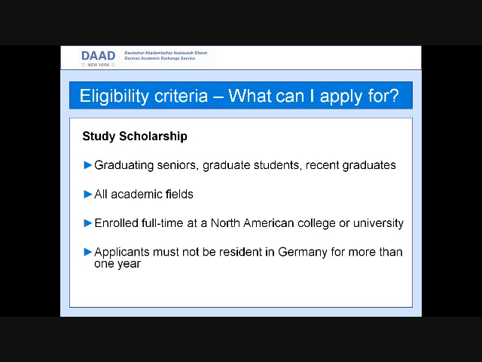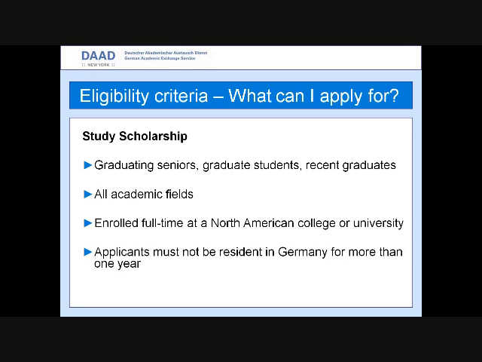The study scholarship, this is the grant that enables you to go to Germany after your graduation for 1 year, is also open to students from other countries that have completed their undergraduate studies in the US and in Canada.